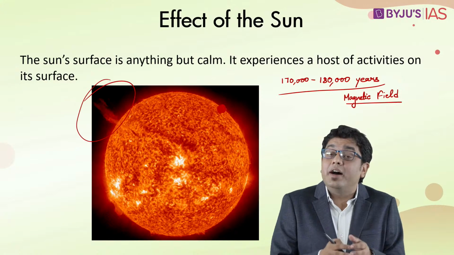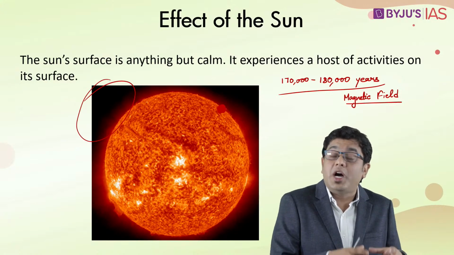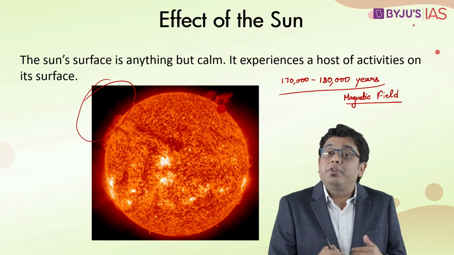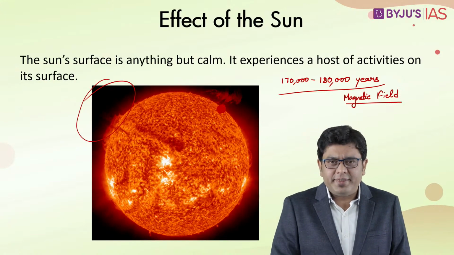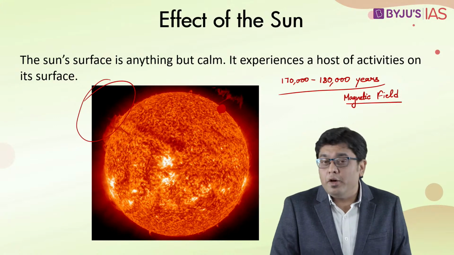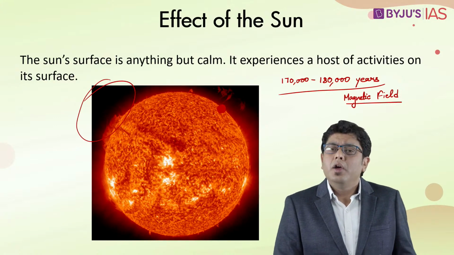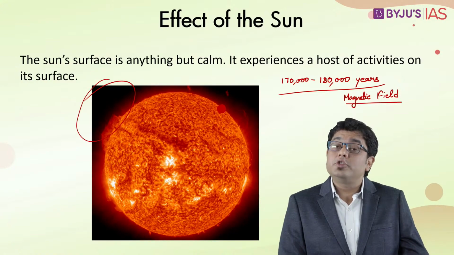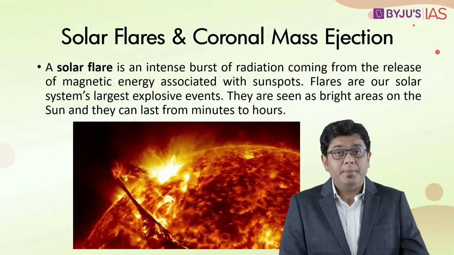Now, since these are very, very highly charged in terms of their magnetic influence, they try to escape from the surface. And many times, there are various eruptions and explosions experienced on the sun's surface as well.